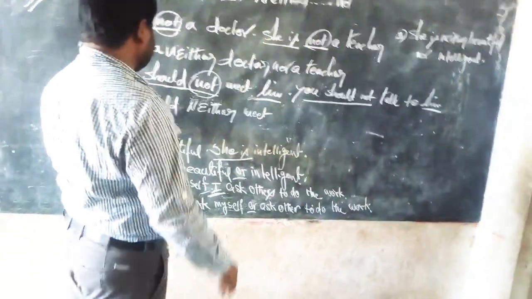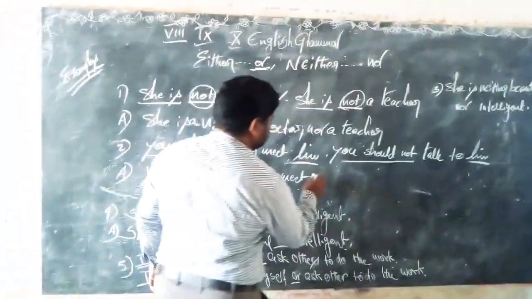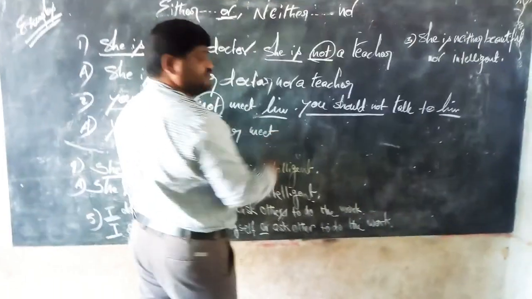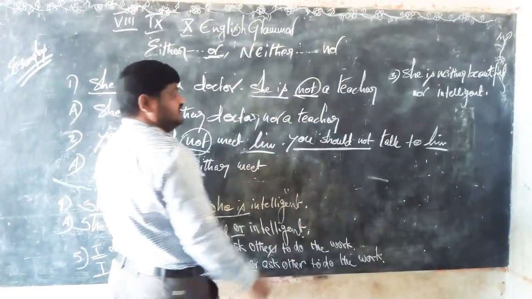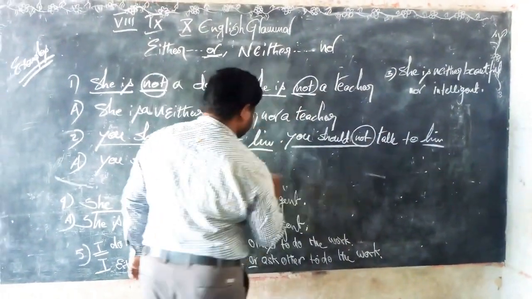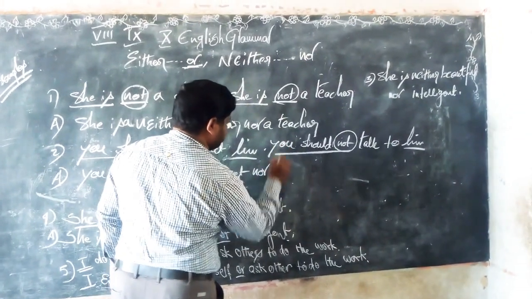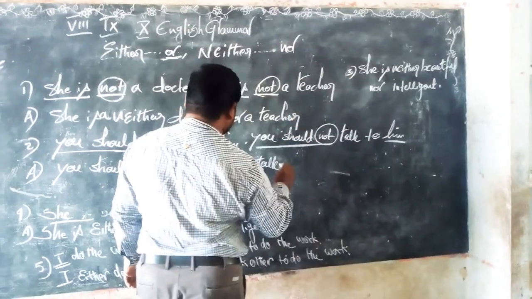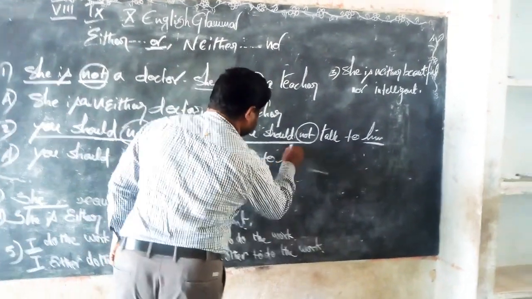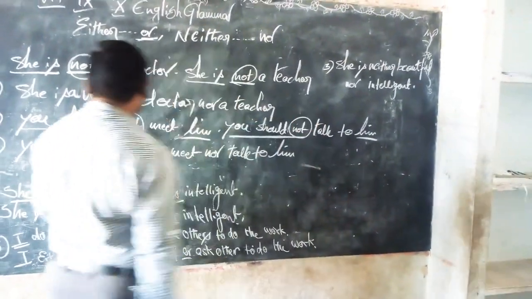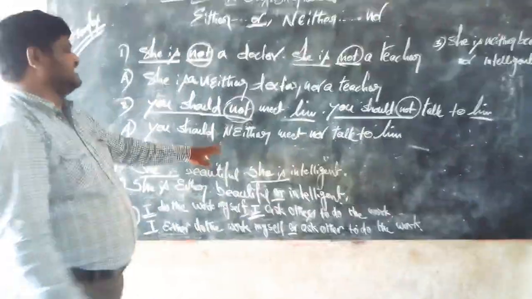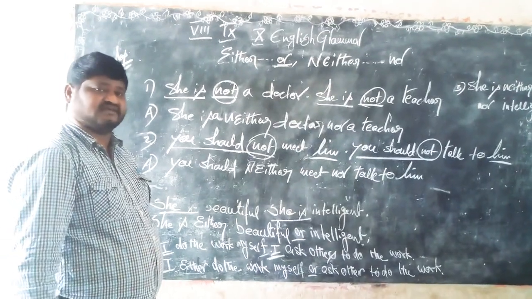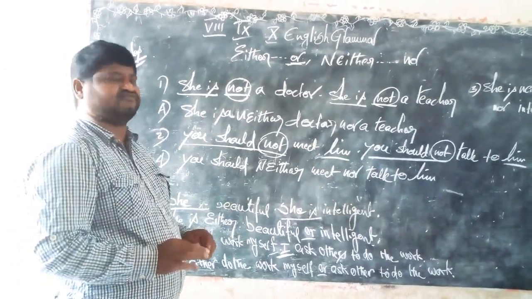In the second sentence, remove "you should," because it is a common word. In the not place, mention nor, and keep the rest as it is: talk to him. The answer: you should neither meet nor talk to him. That is the answer. Very easy to understand, friends.